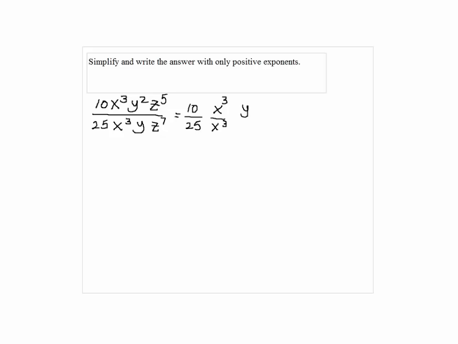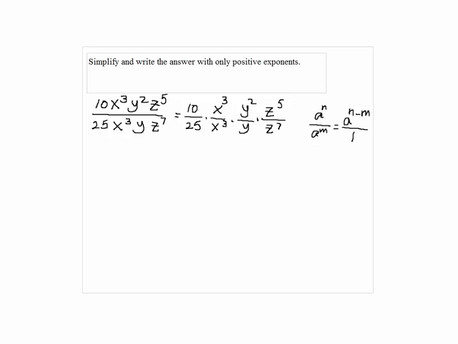You can write this as 10 over 25. x to the power of 3 over x to the power of 3 can be reduced. Y to the power of 2 over y to the power of 1, and z to the power of 5 over z to the power of 7 can also be reduced individually.